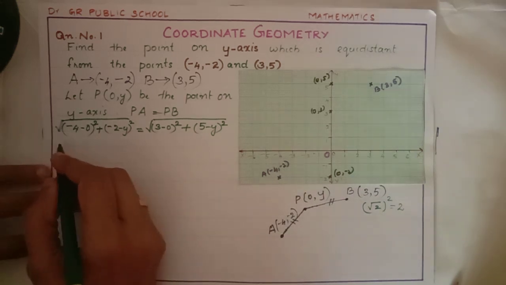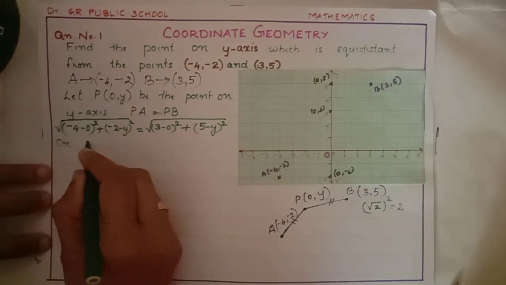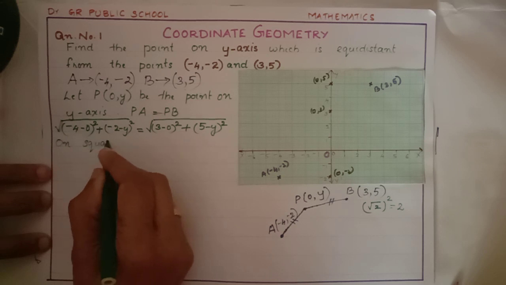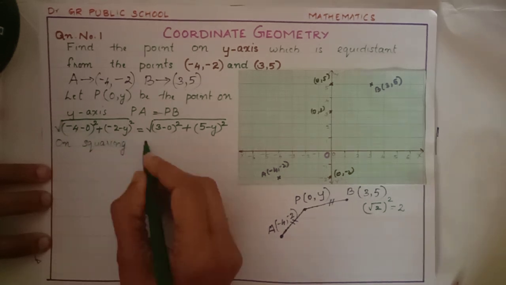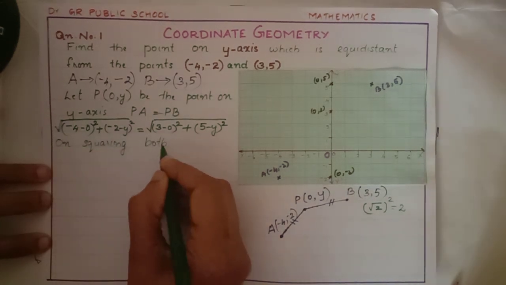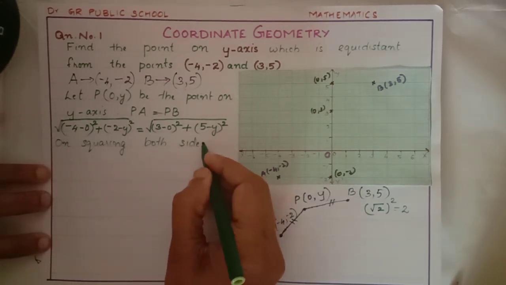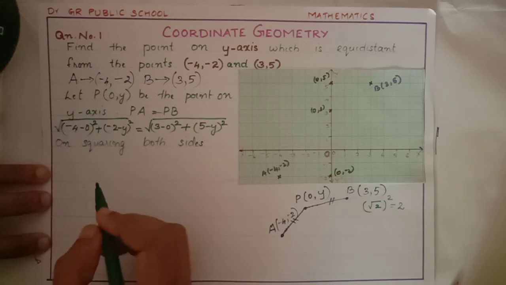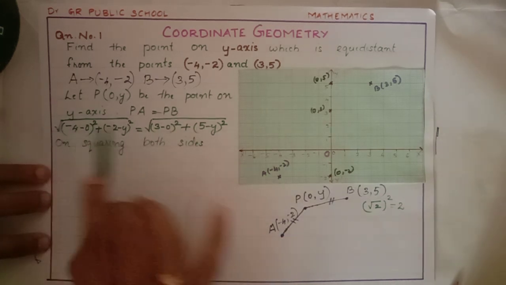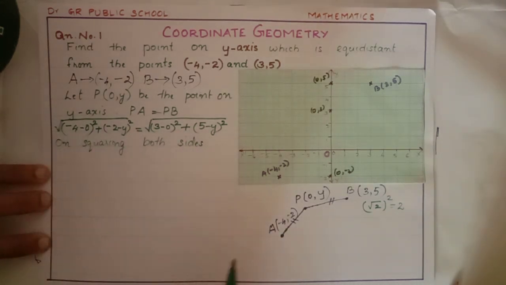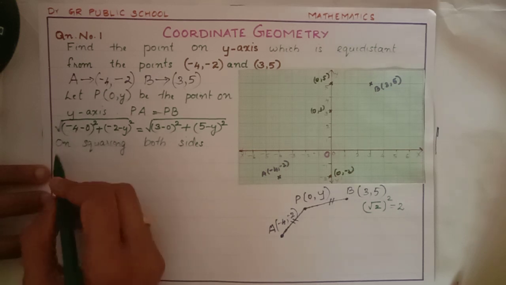So we have to square both sides. On squaring both sides, we can avoid the square root symbol on both sides.